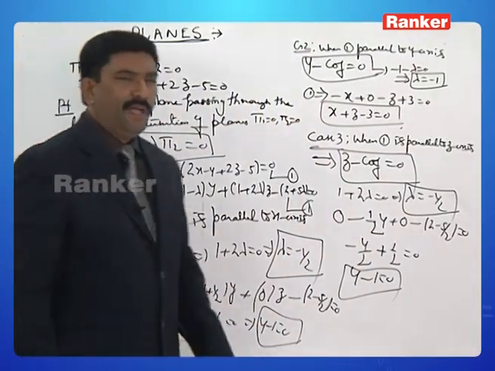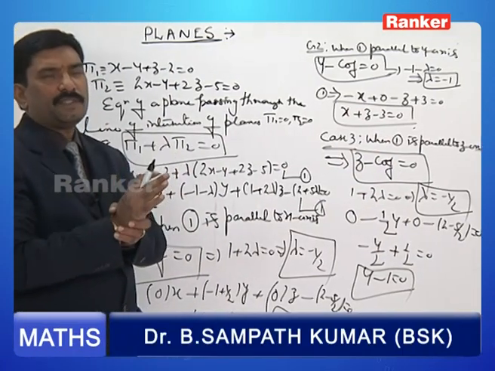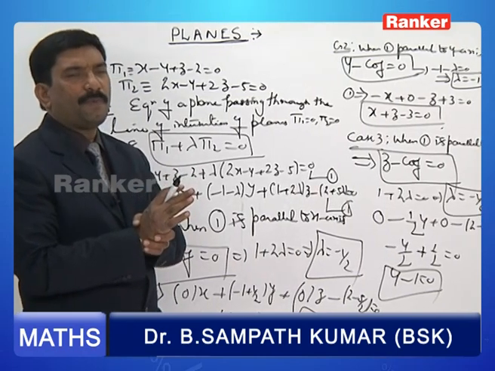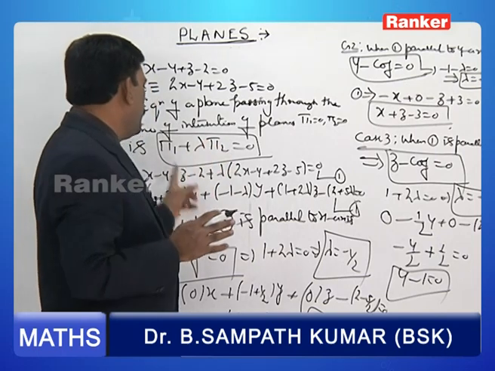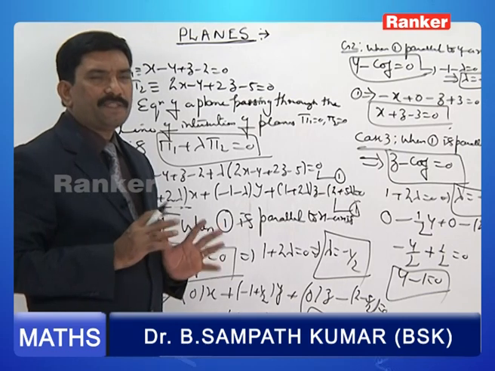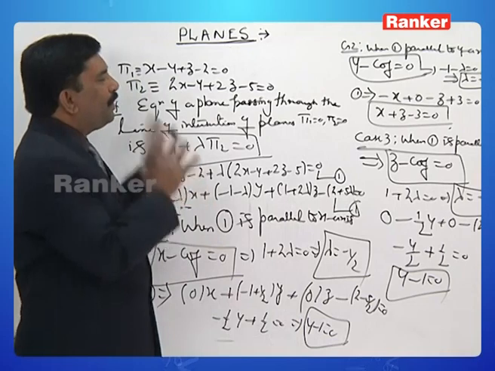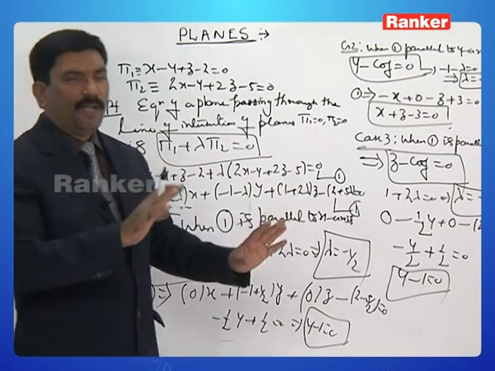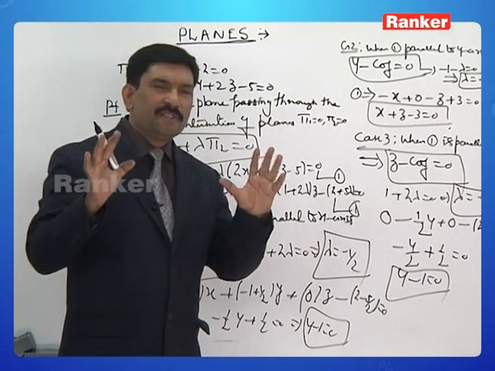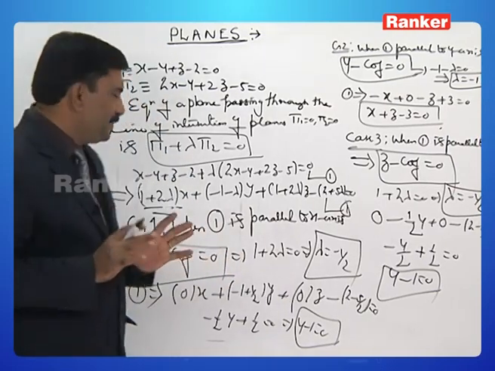So therefore, we have found the equation of a plane passing through the line of intersection of two planes, given by plane 1 plus lambda into plane 2 is equal to 0, and how to find the unknown lambda. In one question only I did all three. Of course you may coincide with that one, that's not a matter. How to introduce the concept is most important in understanding it in a user friendly way.